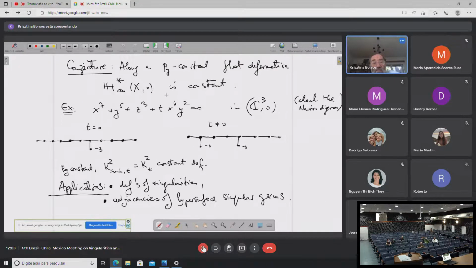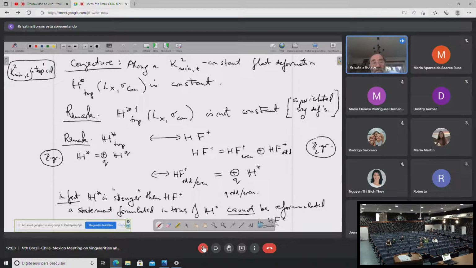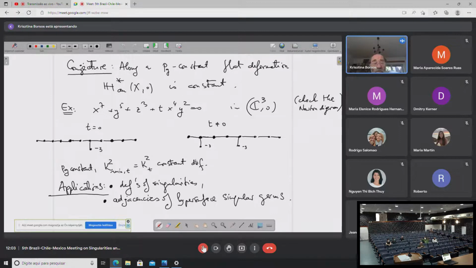And here is one example. I have here a deformation, even in C3, a hypersurface, that jumps. And here we see that the link jumps, the intersection matrix jumps, the Riemann-Roch formula jumps, everything jumps, but PG is constant, K square is constant, and actually the lattice cohomology is constant.